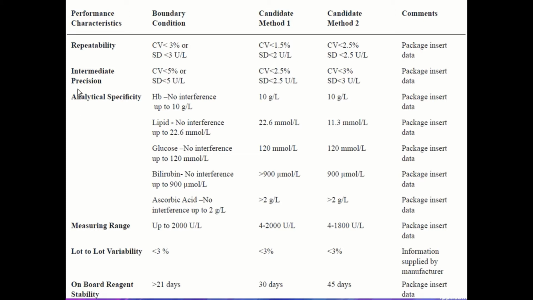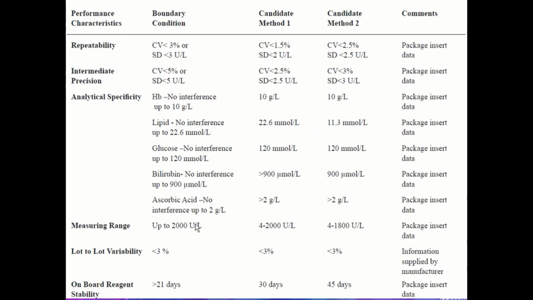If you study here, you can see that the repeatability or precision of method 1 is much better than method 2. Same with intermediate precision. For analytical specificity, method 1 is much more robust to interference than method 2.